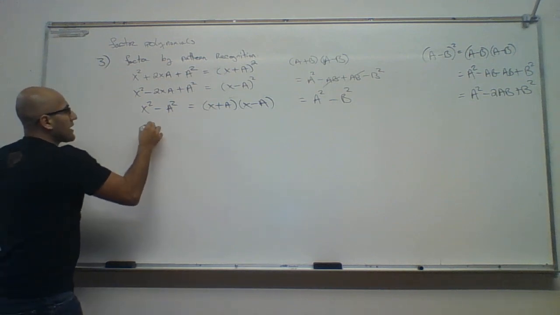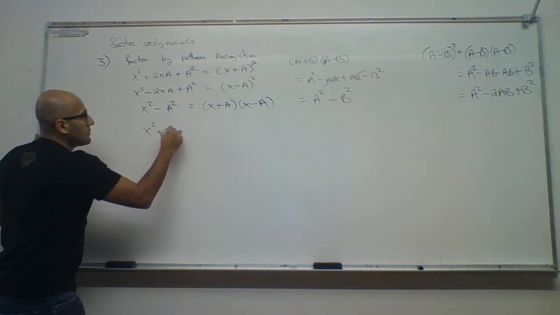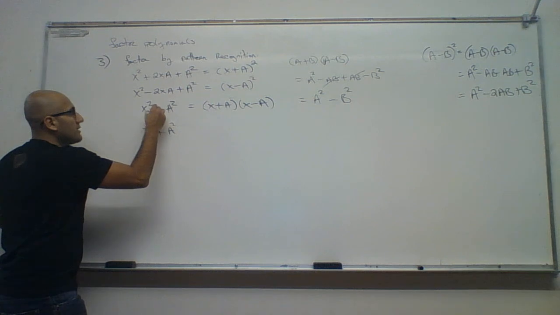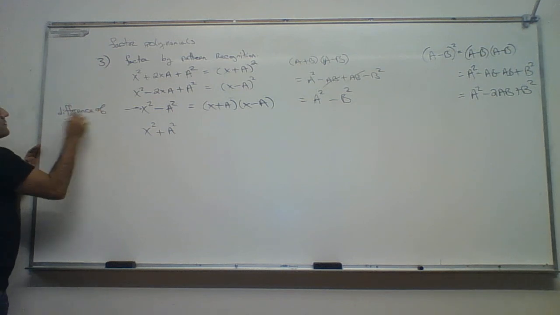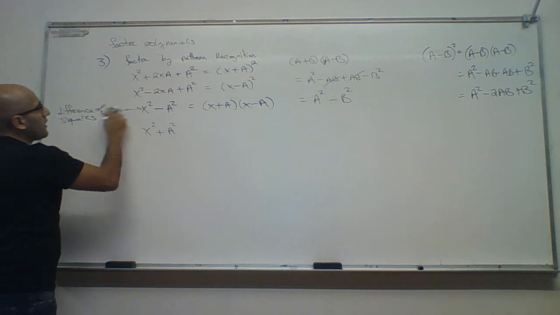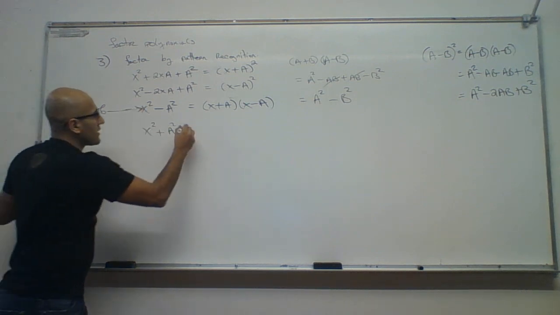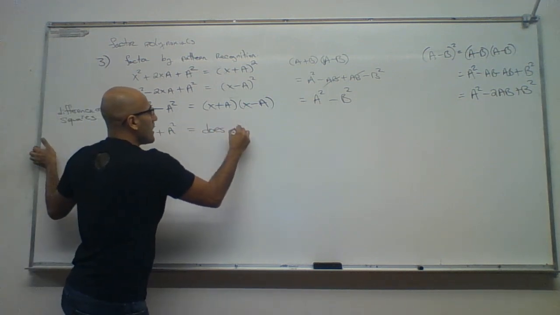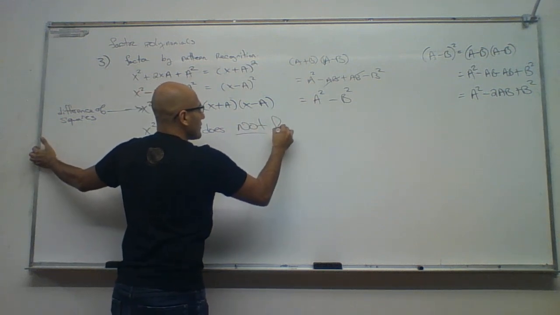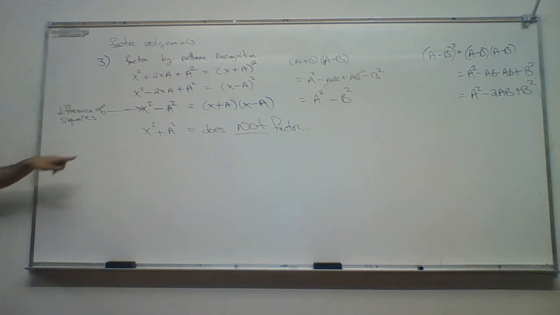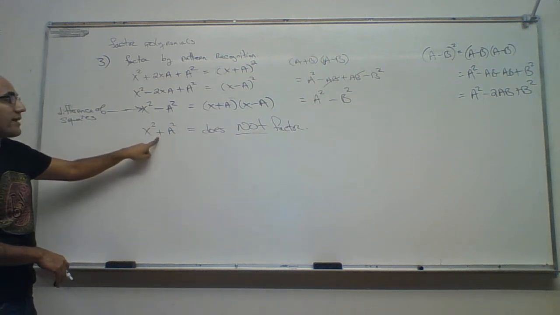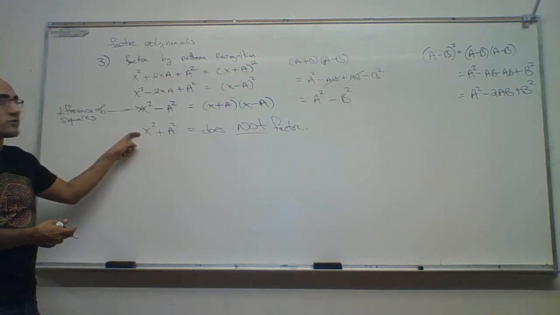I like to put this pattern down just to point out to people, if we have a subtraction there, a difference of squares, that's what this one's called, this guy. But if we have a plus there, it does not factor. So let's just write it in there, just to remind people that that one doesn't. It's important to have the subtraction in there. If we have an addition, you're done. It doesn't factor anymore.